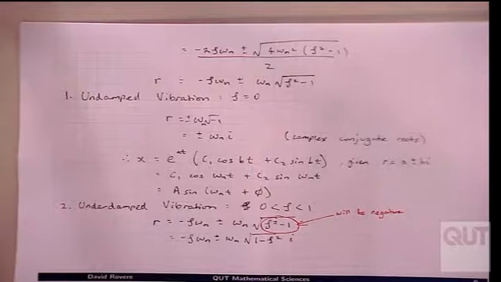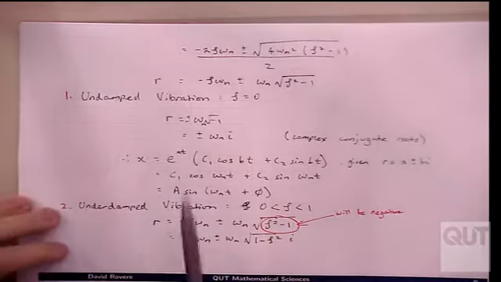So if I have the square root of a negative number, it's equal to the square root of a positive value times i, times the square root of negative 1. So see how I've flipped the direction around from zeta squared minus 1 to 1 minus zeta squared, and I've put an i at the end. That's what the solution is going to look like for our underdamped vibration problems, no matter what zeta is, so long as it's underdamped.